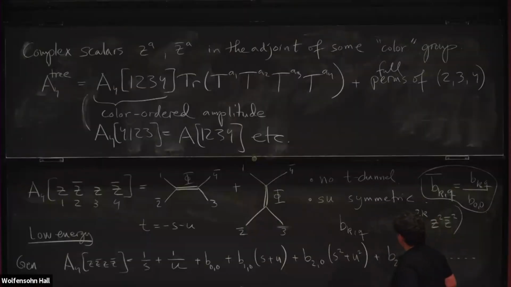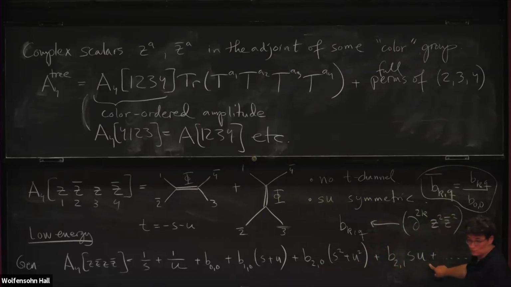The coefficient of this operator would be something that relates to BKQ. K labels the momentum order. Q would label how many independent operators there are of this kind, of that order. So for example, there's only one at this order, but here I have two. There's the S squared plus U squared, but there's also the SU. Both are allowed, two independent operators, and I use Q to label those. Thank you for asking that.